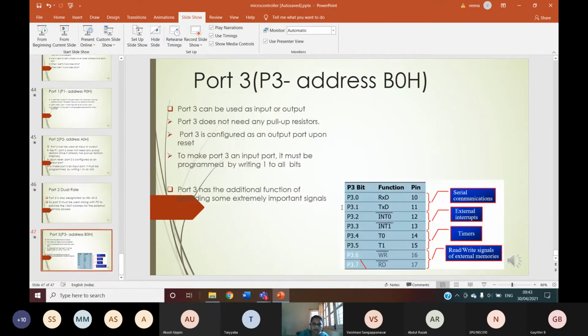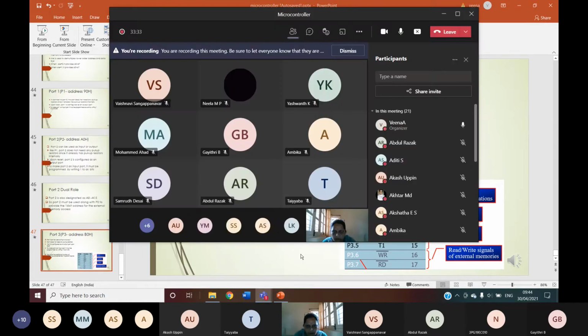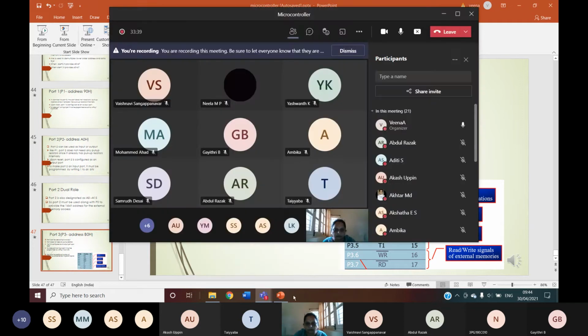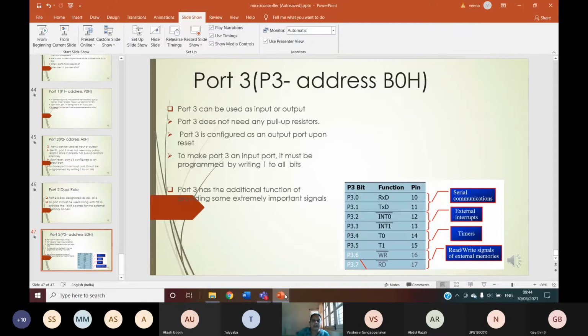Port 3, again, is normally used as an input or an output port. Similar to port 1 and port 2, it does not need any external pull-up resistor, because the internal pull-up resistor is already provided in port 3.